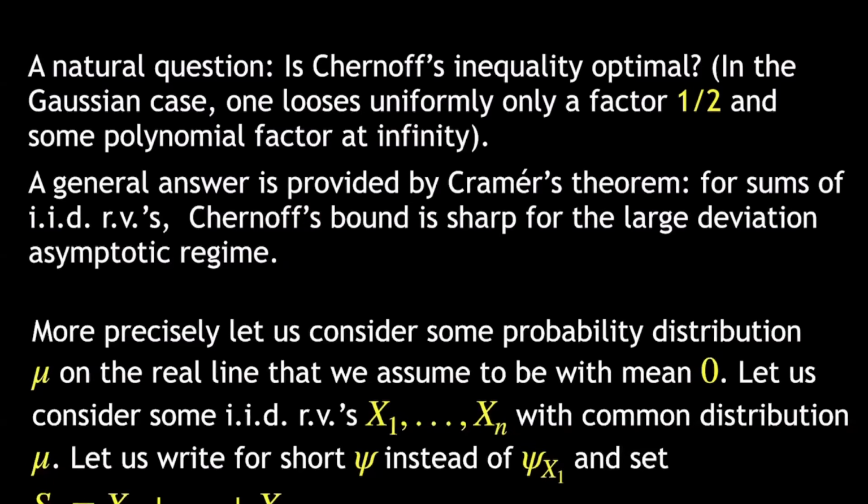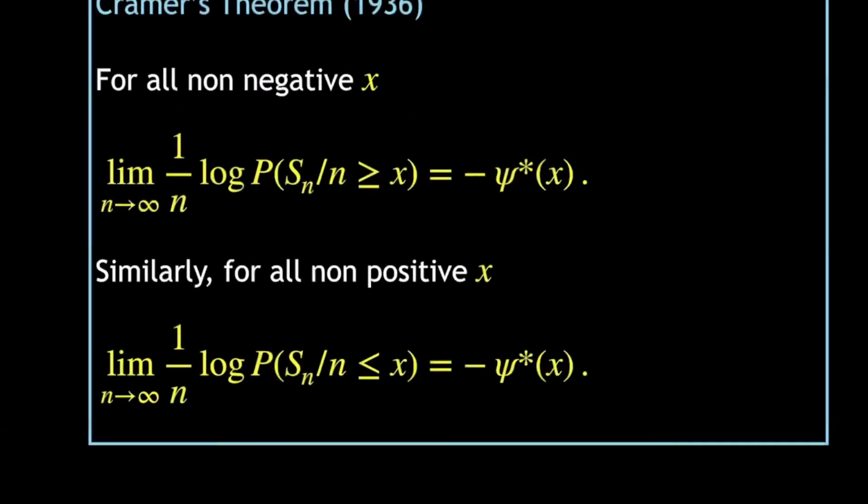And we shall write psi for short to denote the log of the moment generating function of a single variable here, X1. So the statement of Cramér's Theorem is very simple. For all non-negative values of x, the limit of 1 over n of the log of the probability that Sn over n is larger than x is equal to minus psi star of x. Psi star is the dual of psi.